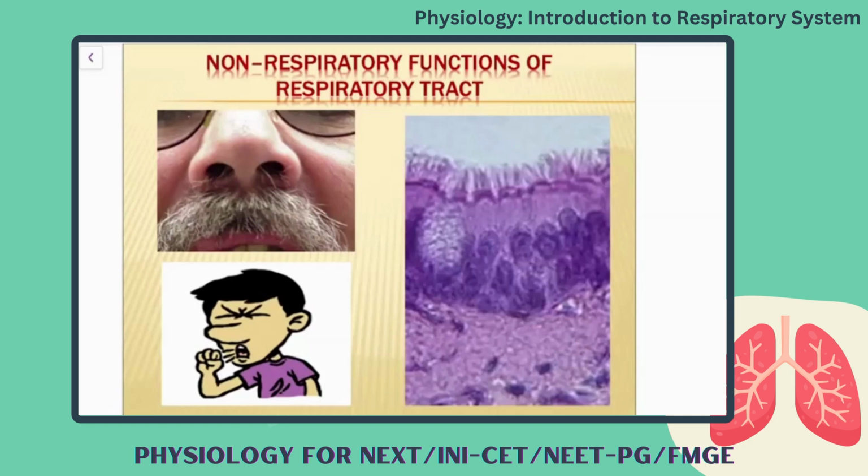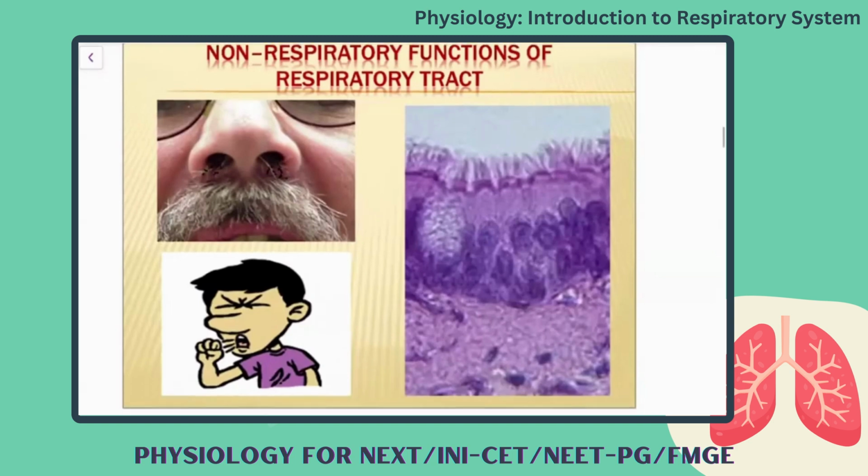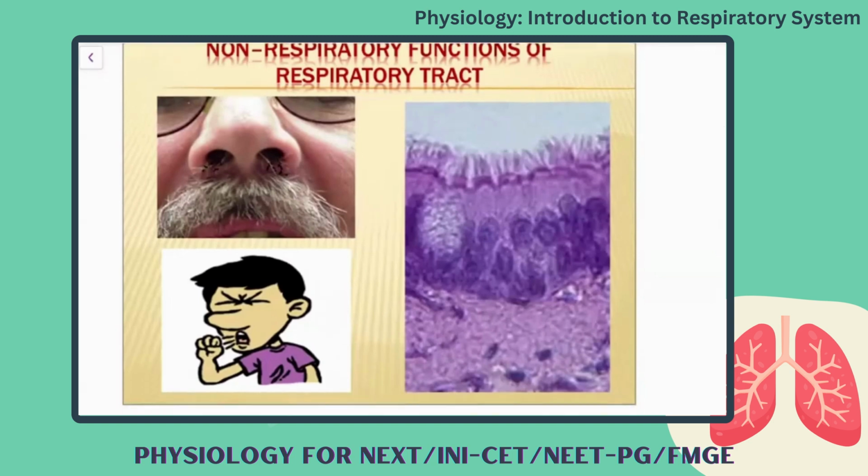And then next, the nostril hairs. What is the role of the nostril hairs? They prevent and trap the dust particles and foreign particles from entering into the lower respiratory tract regions. And also the sneeze reflex and the cough reflex are mediated by the ciliary structures present in the respiratory system.